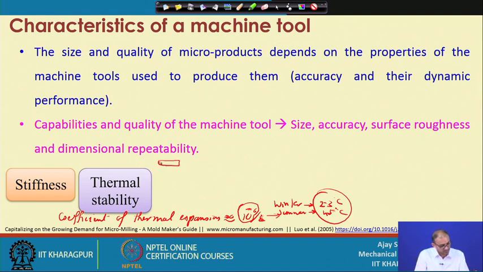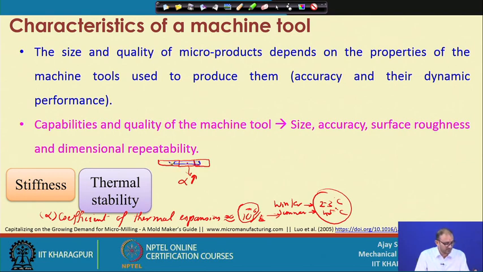Suppose this is one component, this is the second and the third component, and this one is considered as alpha, this one has a high alpha, that means the coefficient of thermal expansion is very high in this case. So, this particular thing will expand, correct. So, this will expand. So, diameter is decreased and the length is increased.